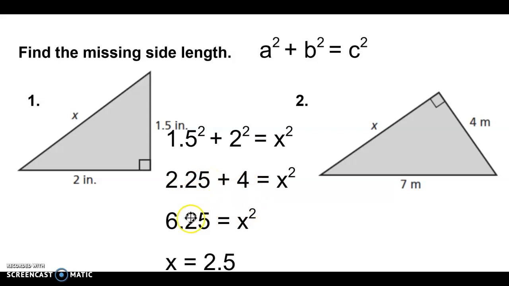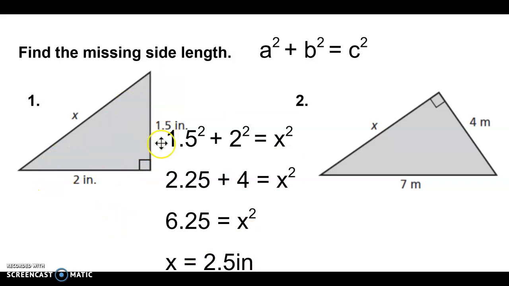When I add that to 4, I get 6.25, and I remember that the square root of 625 is 25, so I can get this answer of 2.5. They were trying to be nice, but don't worry, you can use a calculator for these also. So my answer is x equals 2.5. I should have added in inches because there's inches here and inches up here, so it is 2.5 inches.